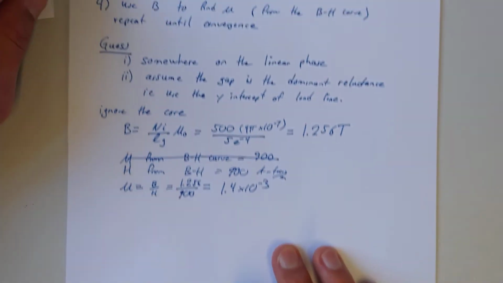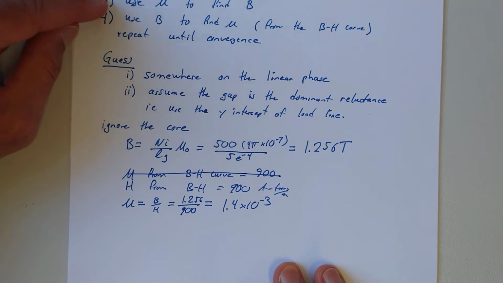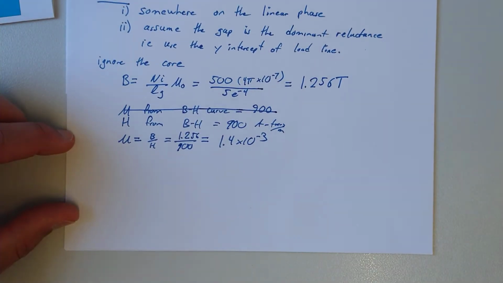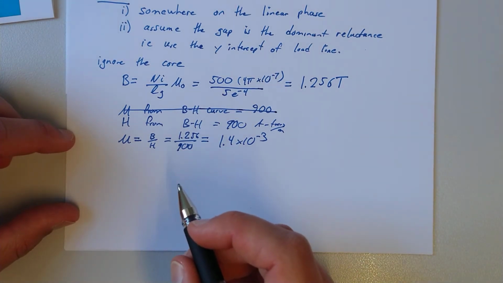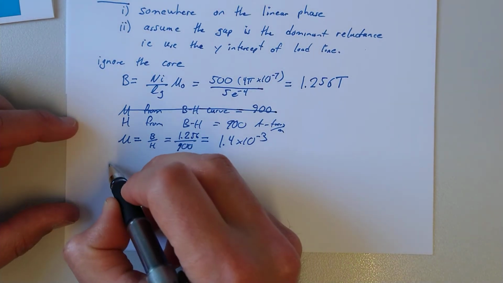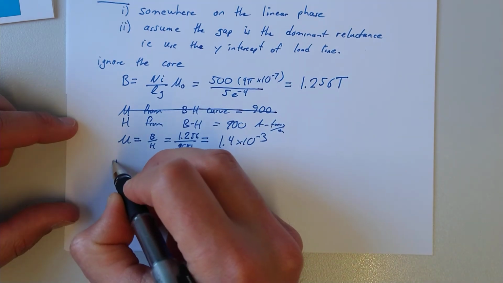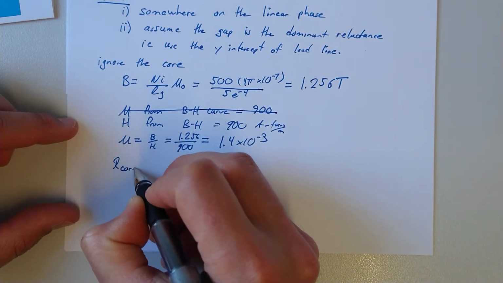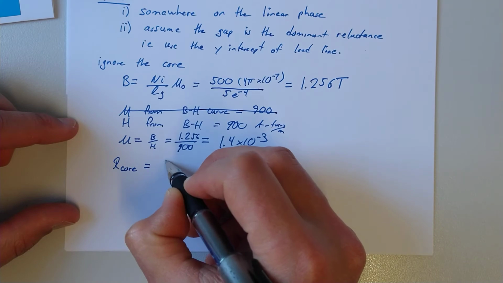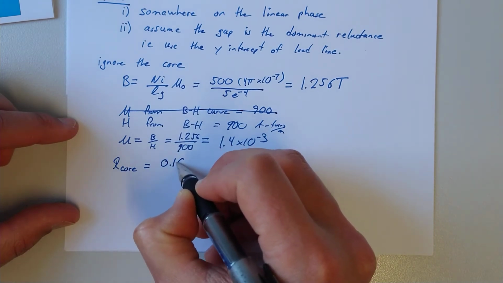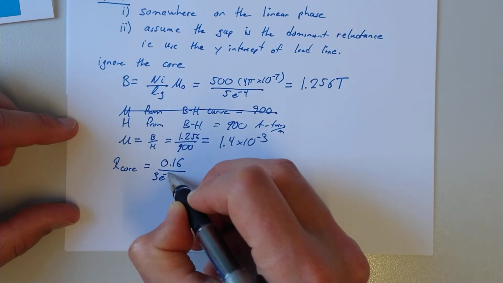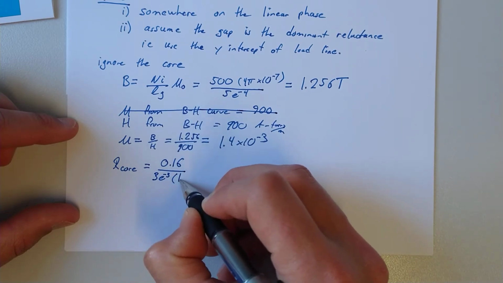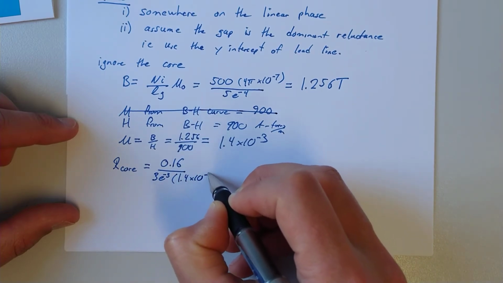Now we can use this mu to find B again. Now we have to include both. So we have the reluctance of the core being 0.16 over 3e minus 3 times 1.4 times 10 to the minus 3.